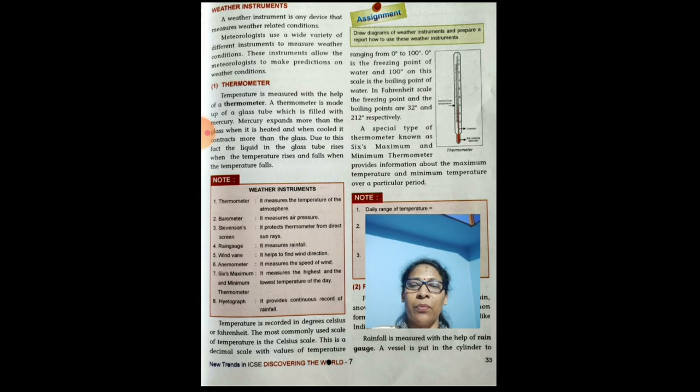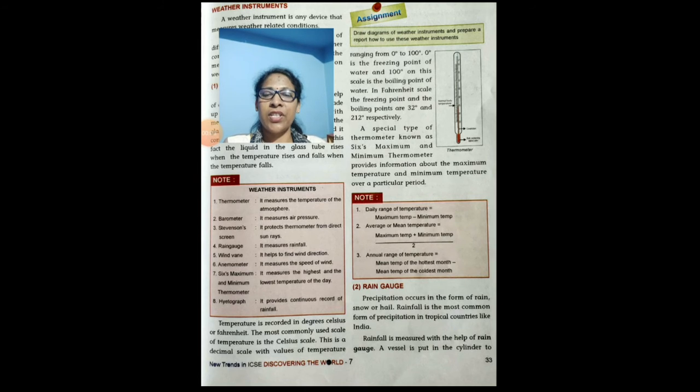Temperature is recorded in degrees Celsius or Fahrenheit. The most commonly used scale of temperature is the Celsius scale. This is a decimal scale with values of temperature ranging from 0 degrees to 100 degrees Celsius. 0 is the freezing point of water and 100 degrees is the boiling point of water.